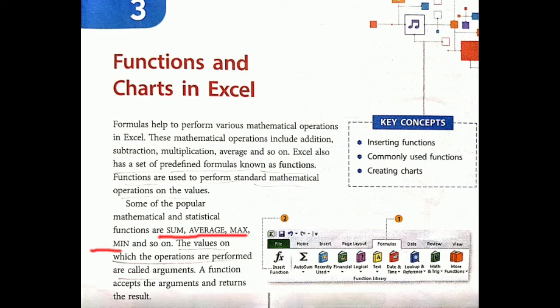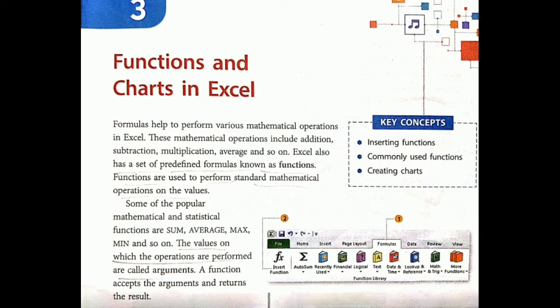Some of the commonly used functions in Excel are sum, average, maximum and minimum. The values on which the operations are performed are called arguments. What do you mean by argument? The values on which the operations are performed are called arguments.